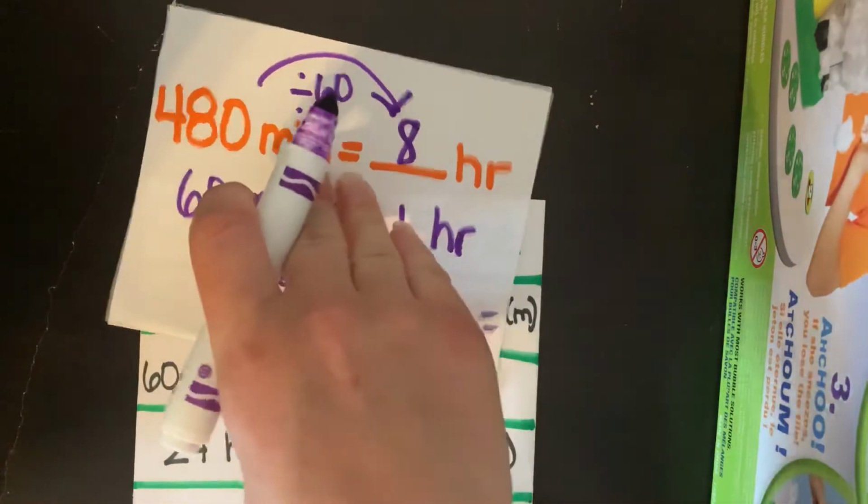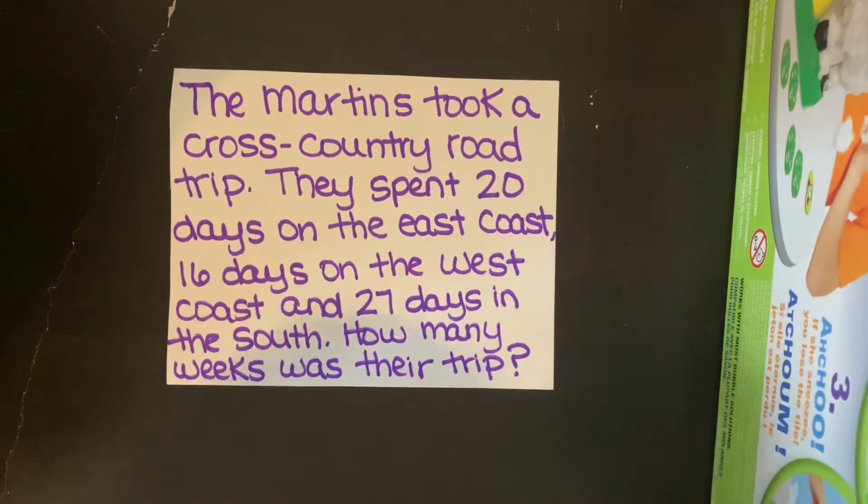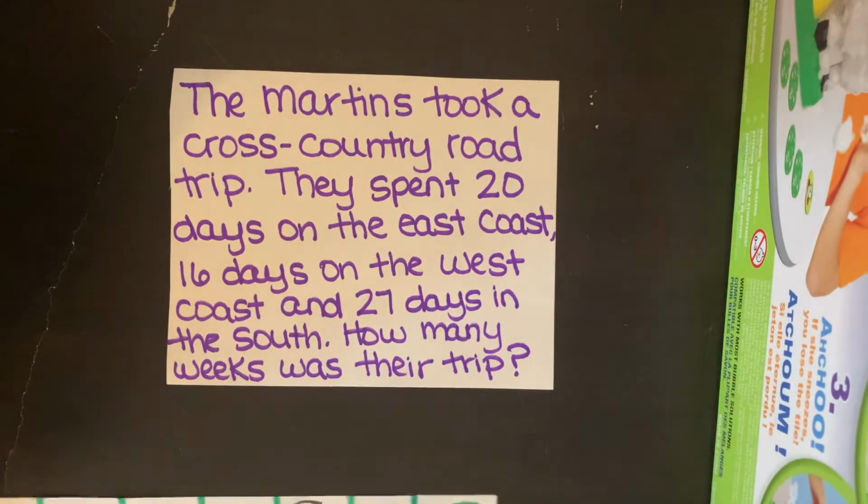All right, and before we go, let's take a look at one word problem that we can use here. All right, so it says, the Martins took a cross-country road trip. They spent 20 days on the East Coast, 16 days on the West Coast, and 27 days in the South. And they want to know how many weeks was their trip.